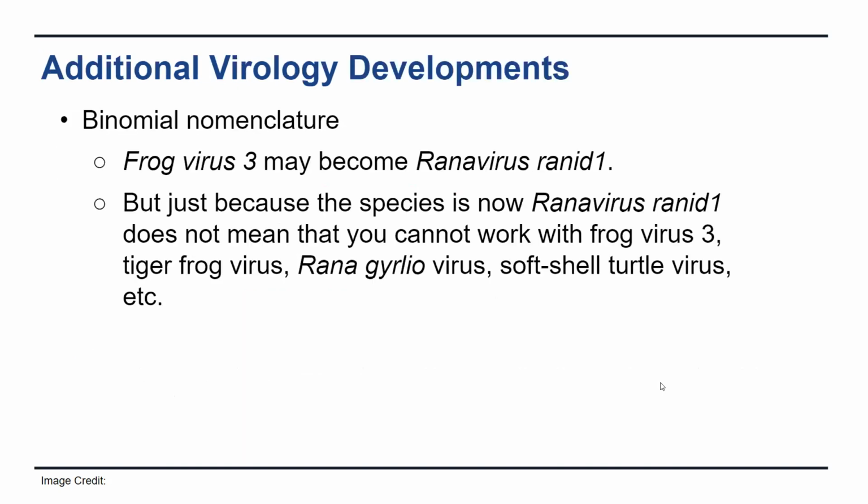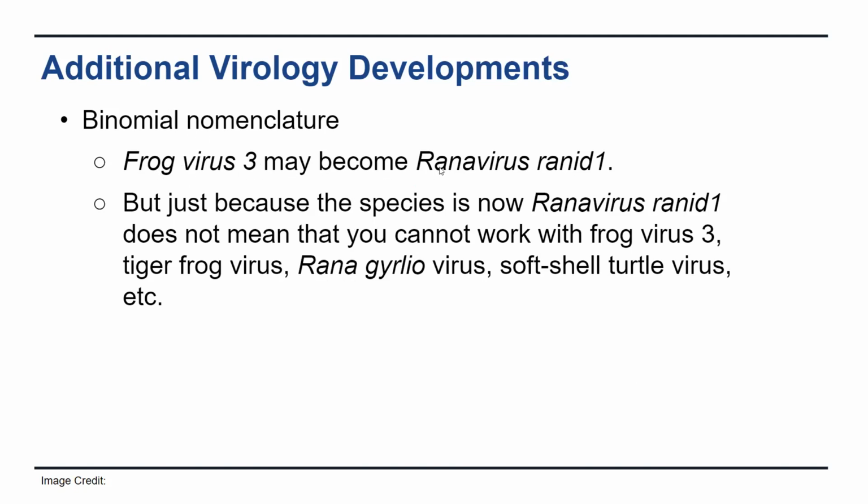And the last point I want to mention in terms of taxonomy is nomenclature. Part of what the ICTV did was decide that viruses should be named by binomial nomenclature. And so what you may be seeing in the future is something like frog virus 3 won't be frog virus 3 anymore.